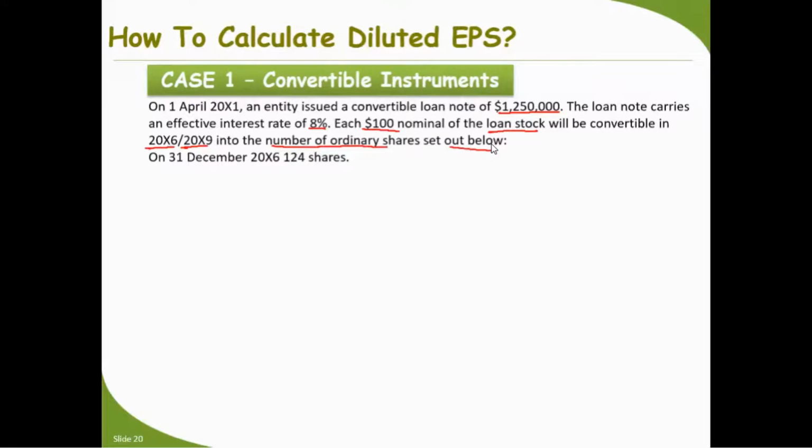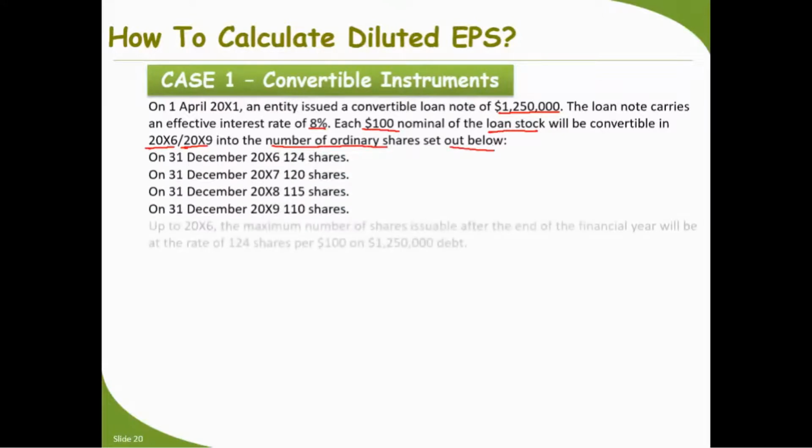Now these are the information. If converted on 31st December 20X6, 124 ordinary shares will be issued for every $100. If converted on 31st December 20X7, 120 shares would be issued. If converted in 20X8, 115 shares would be issued. If converted in 20X9, 110 shares would be issued.